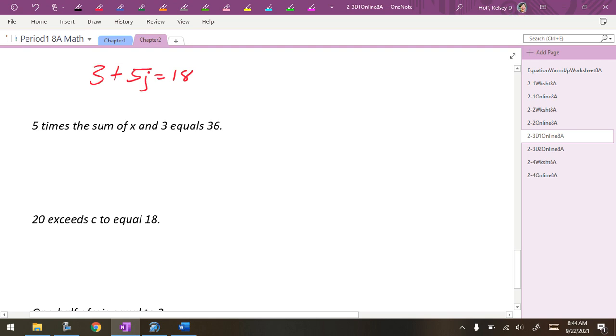Don't use that for multiplication, though, remember. I know, but don't use an X. Use a dot. Otherwise, it looks like a variable. Now you're in algebra. You cannot have an X unless you're talking about a variable.